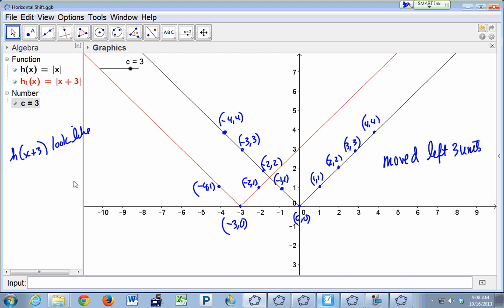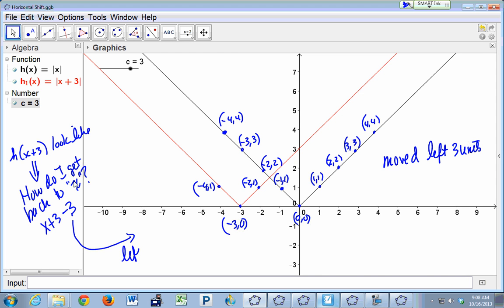So one way of thinking about this is, how do I get back to being x? If you had x plus 3 and you wanted to get back to x, you would have to subtract 3. And that shows you left 3 units.